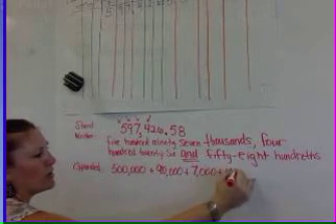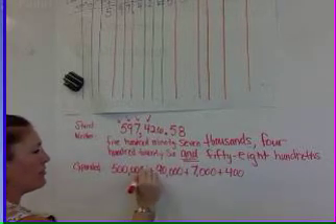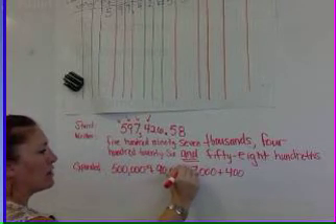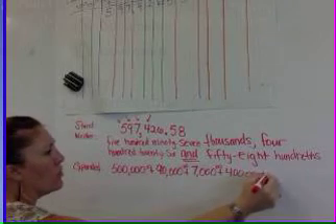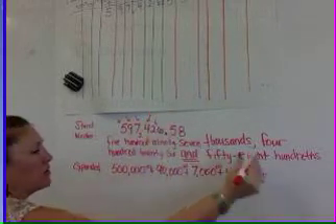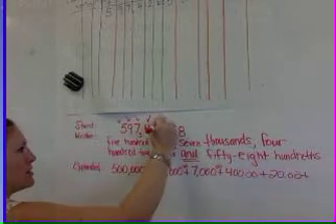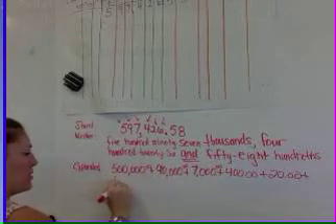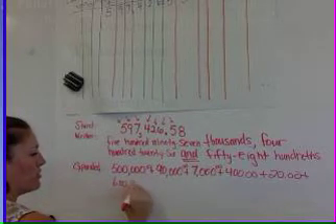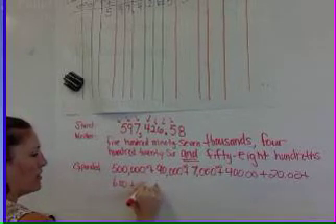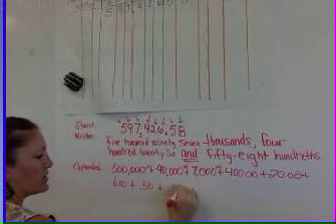400. Now remember, I do also have these point zeros on them, and I forgot to add them, and that's my fault. So we have 400.00 plus 20.00 plus 6.00, and then we go over to the decimal, 0.50 plus 0.08.